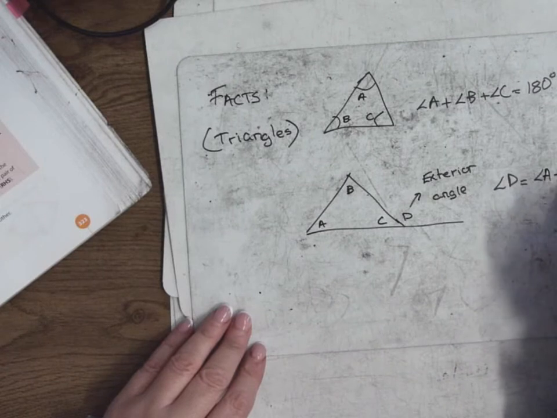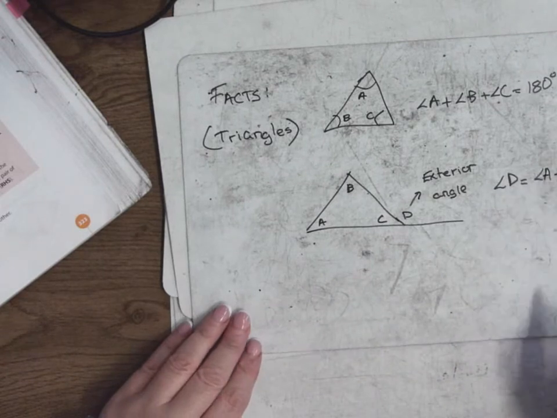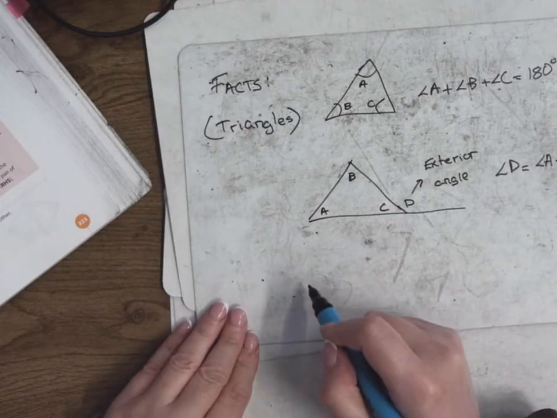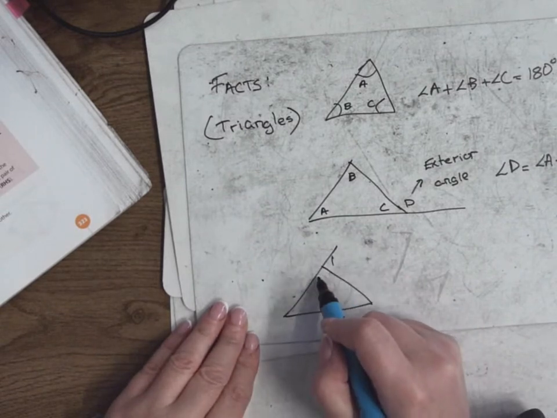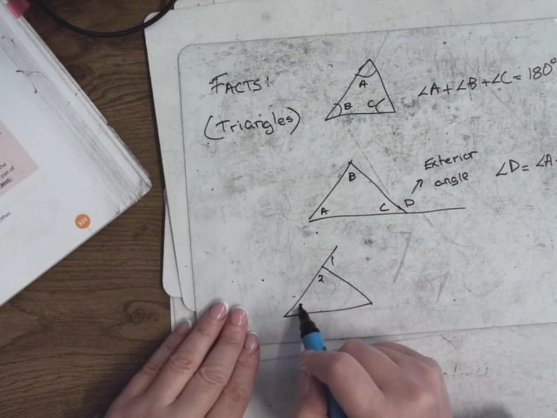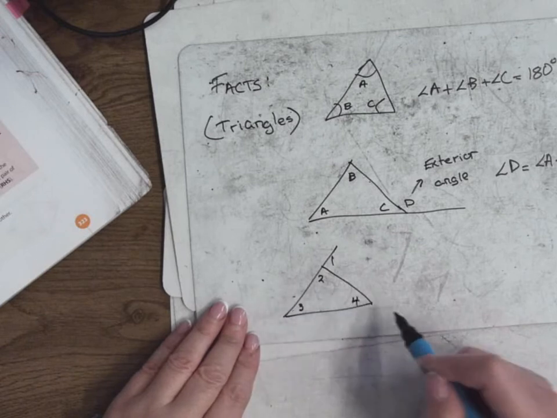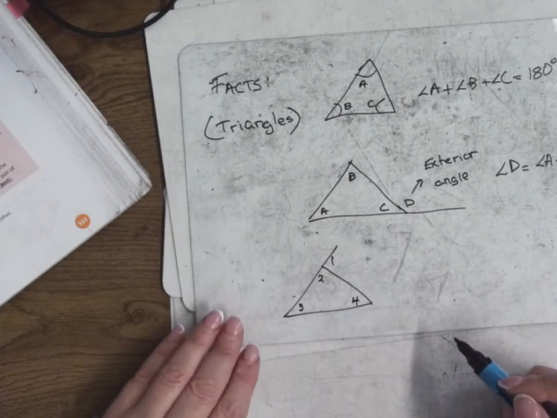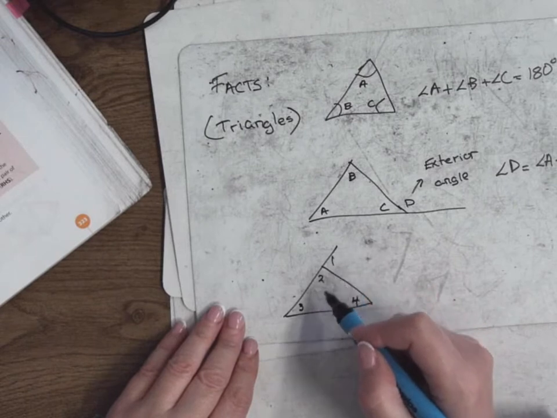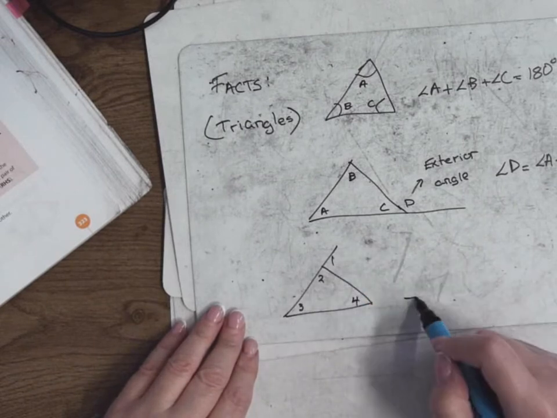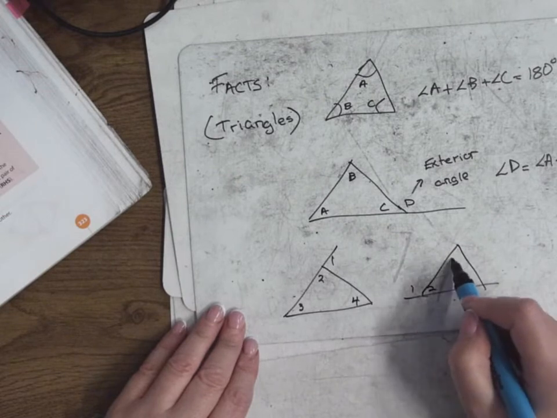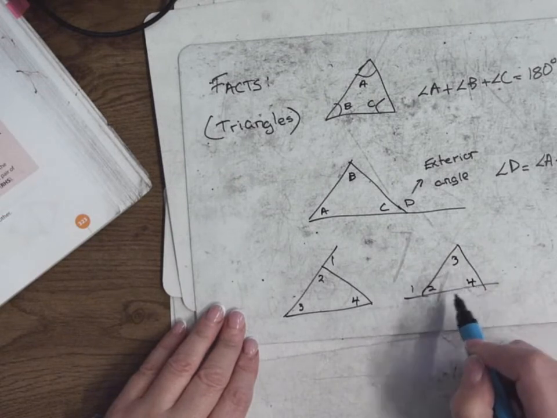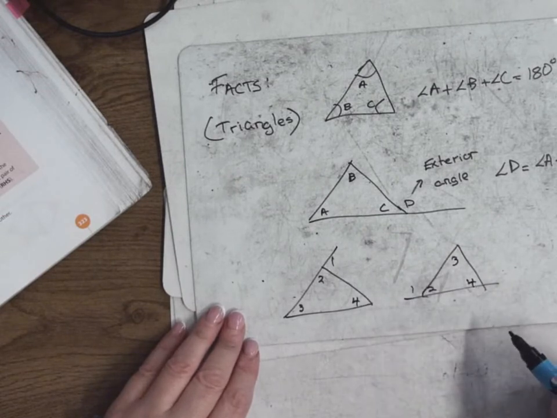Okay, and you needn't do this bit, but what if I did this? 1, 2, 3, 4. What would 1 be equal to? Which two added together would give me 1? 3 and 4, right? Okay, what if I did it this way? 1, 2, 3, 4. What would 1 be equal to? 3 and 4 again. So 1 would be equal to 3 and 4 together.